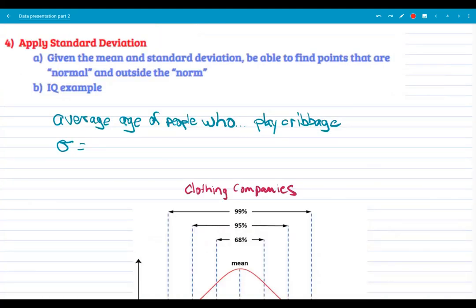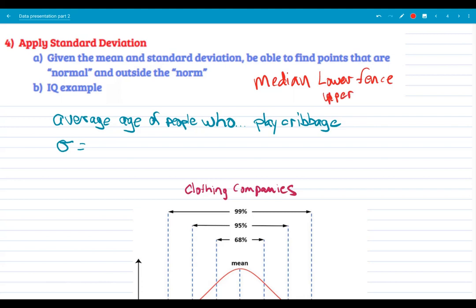Now, applying standard deviation: given the mean and standard deviation, be able to find points that are normal and outside the normal. Now, if you have the median, you would find what's known as the lower fence and upper fence to find out what the normal is.